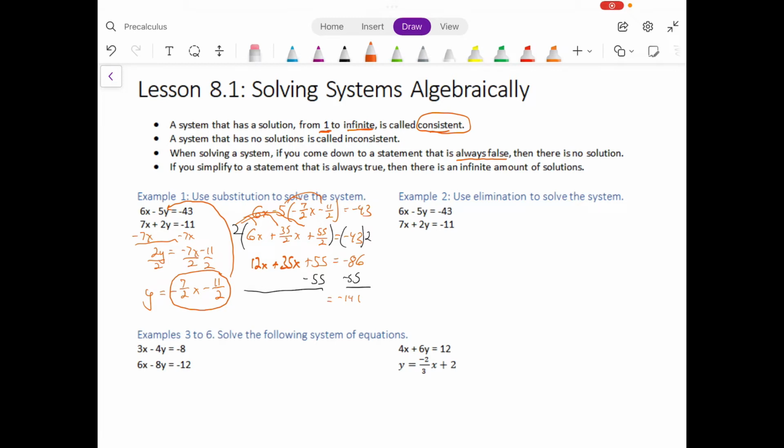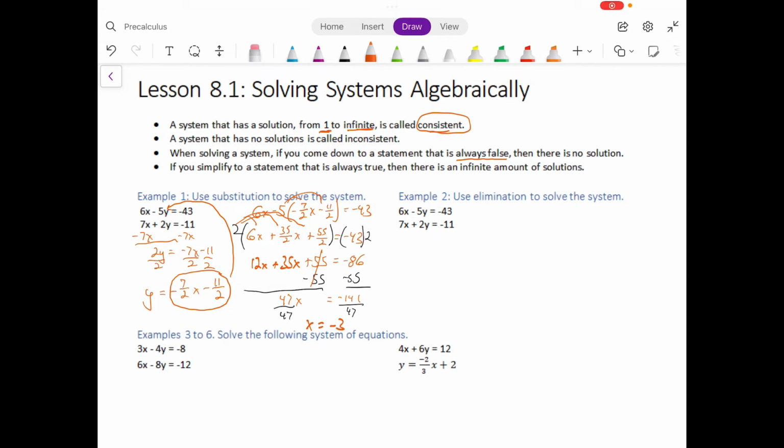On the left side, these become 0. We add our like terms together. 12x plus 35x is 47x. And we can now divide by 47. And x equals -3.